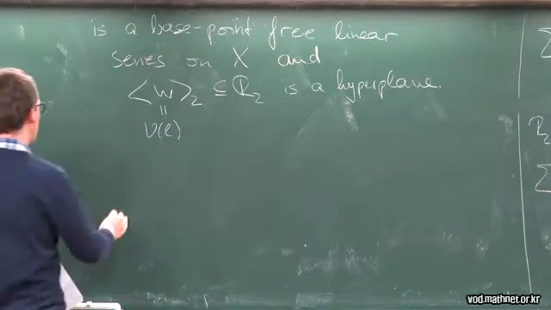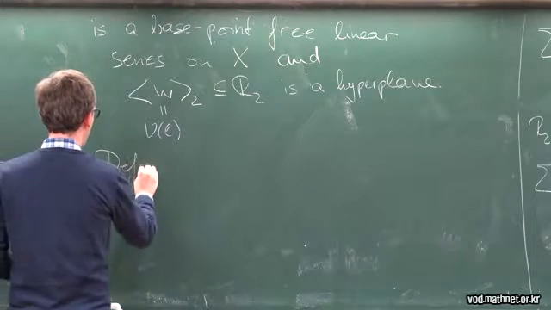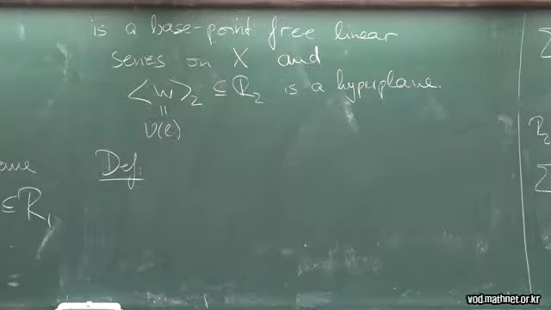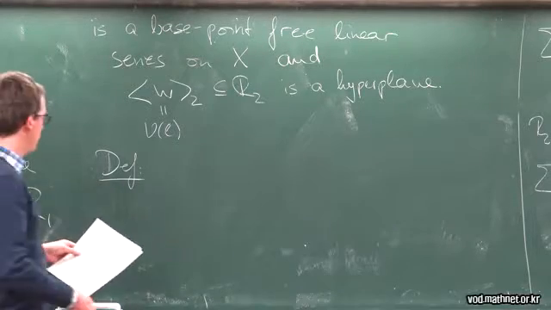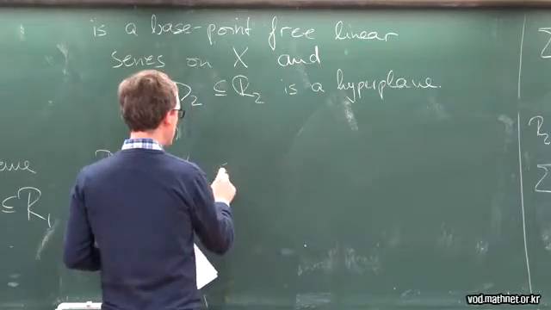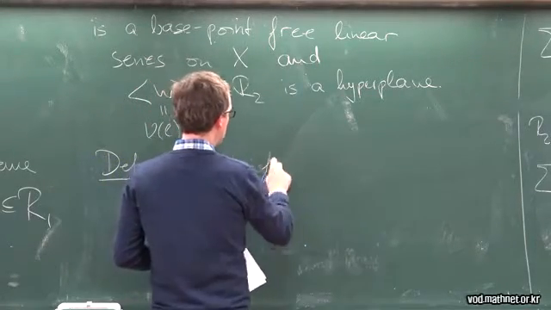Good. So if you wonder what these extreme rays can be, you might wonder what these linear series are. And that is what we call the p base point free property. So let me define what I mean.